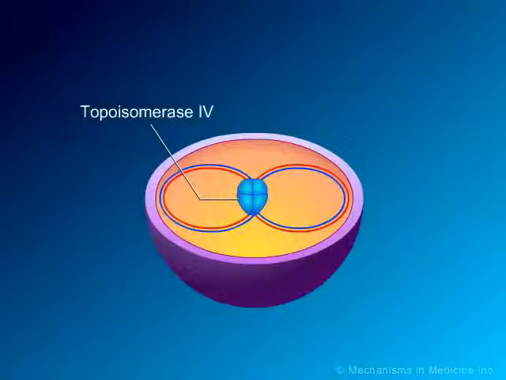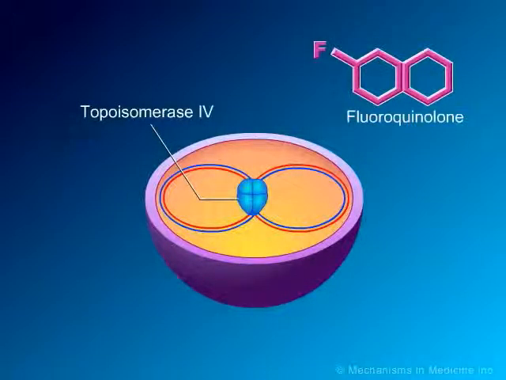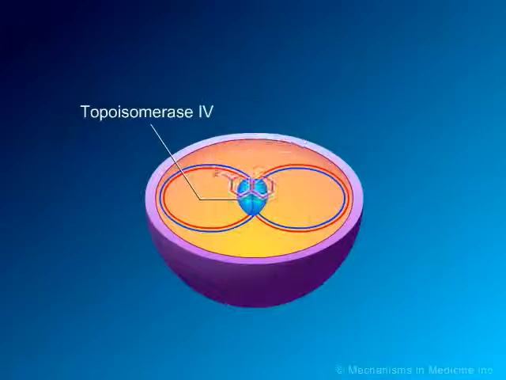A second mechanism of fluoroquinolone action is shown here. With some exceptions, topoisomerase IV is the primary target of fluoroquinolone action in most gram-positive bacteria, such as Staphylococci and Streptococci, with DNA gyrase being a secondary target. The separation of two new interlinked daughter strands of circular DNA is disrupted.